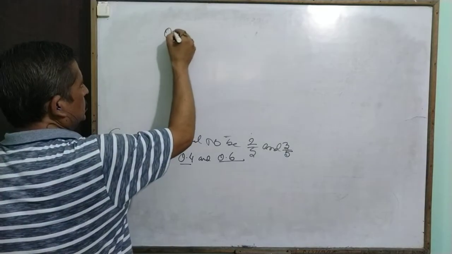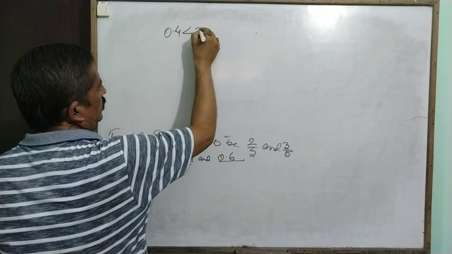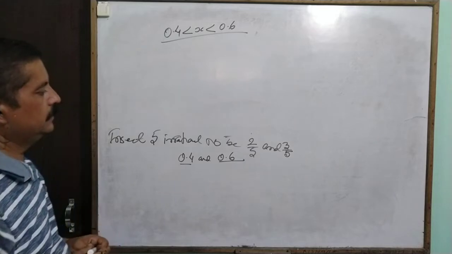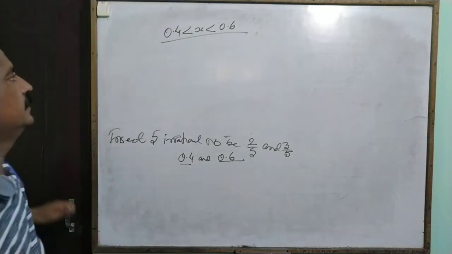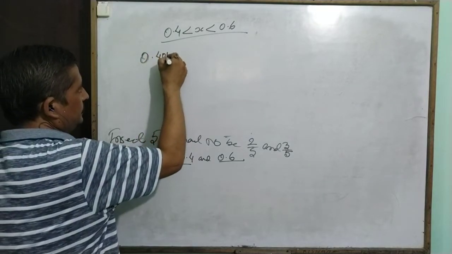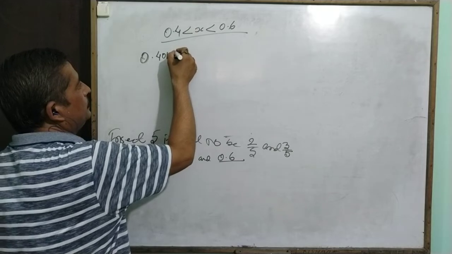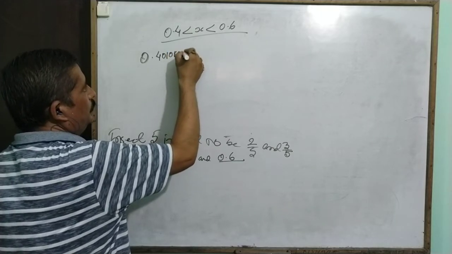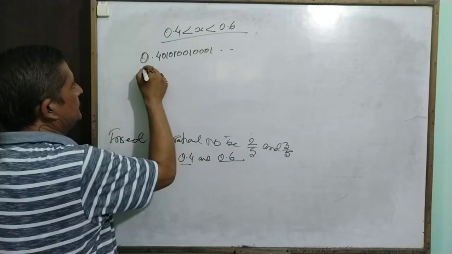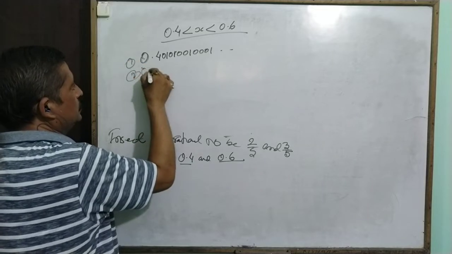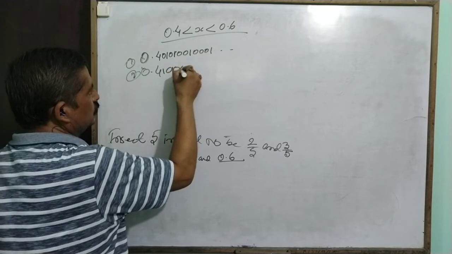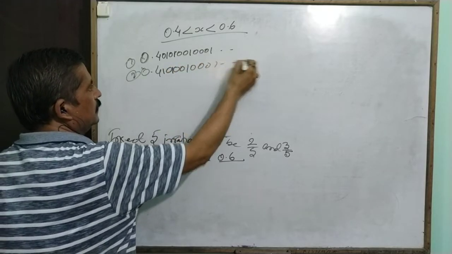So take any number between 0.4 and 0.6, but its pattern is that it is not repeating. First number, second number, you can use 0.4 1 0 1 0 0 1 0 0 0 1 and so on.